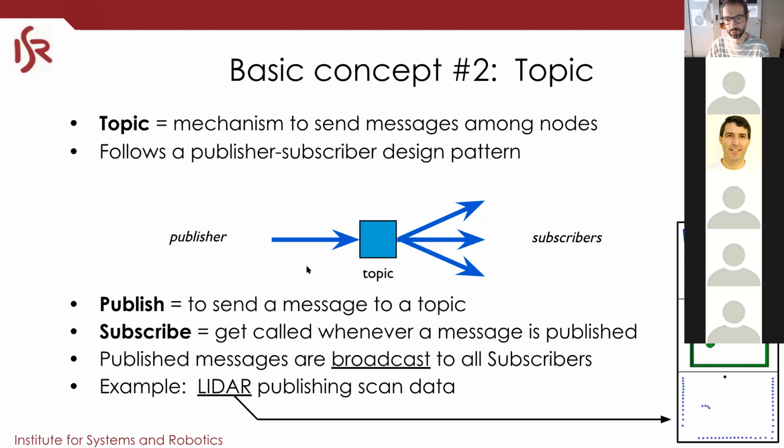Okay? So you can have zero or more publishers, you can have zero or more subscribers, and the idea is that this message is broadcast to everybody who is listening. Okay. Simple example: we have a laser rangefinder, a sensor, a camera, and the driver for a sensor, for instance, will be a publisher of data from that sensor.